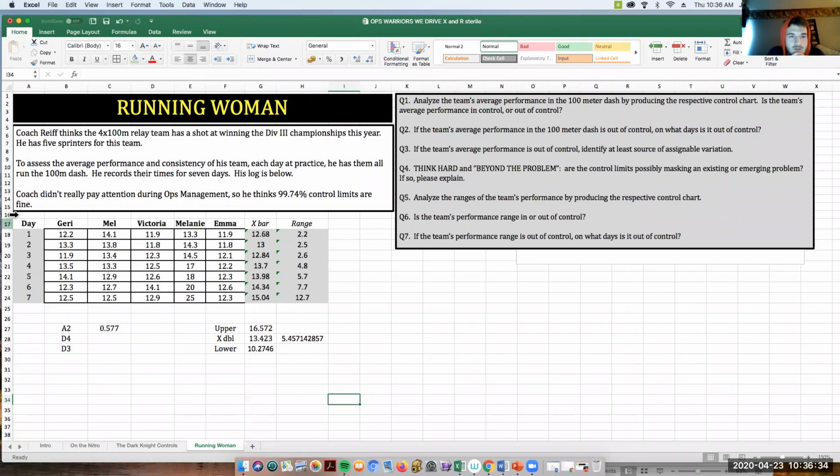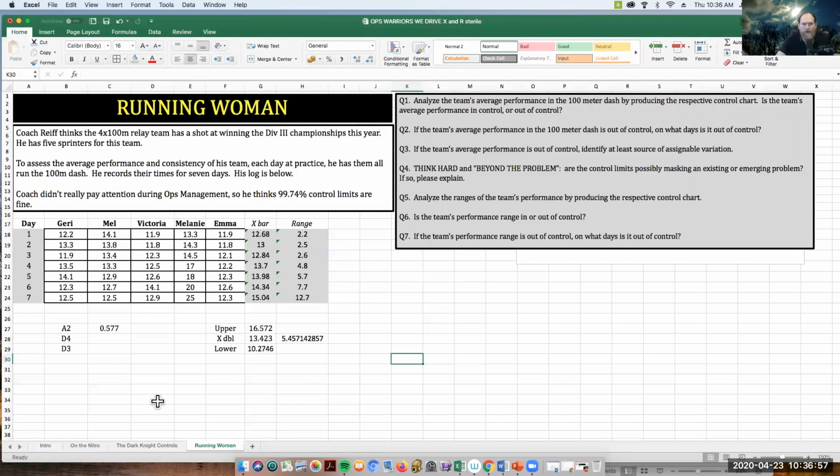So day 1 would be 1. So I could plot day 1, and then which one of all these would I plot? Wouldn't you plot all of them and then compare them to your X bar?